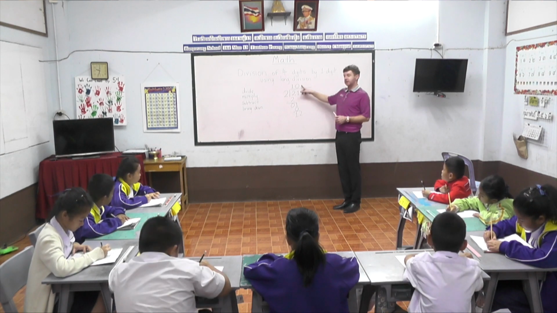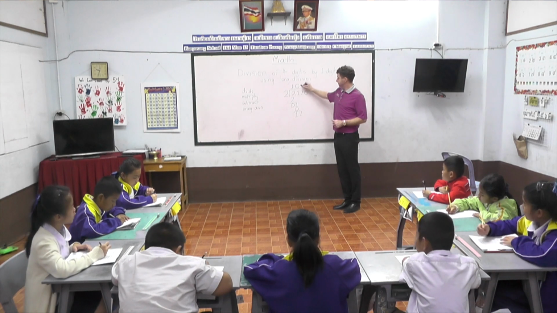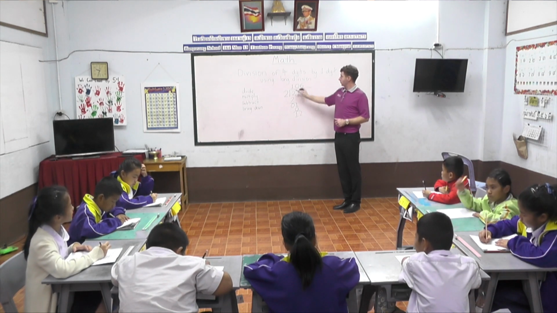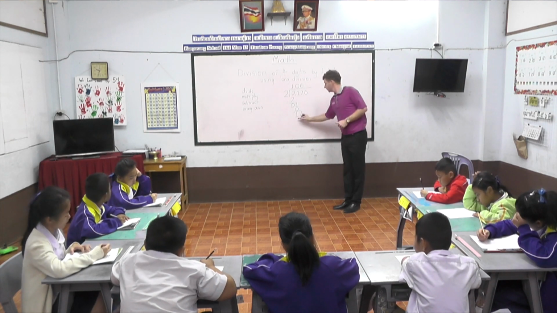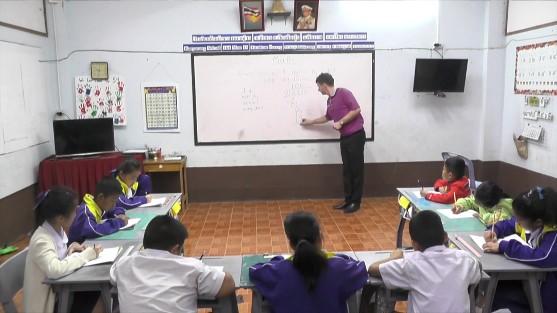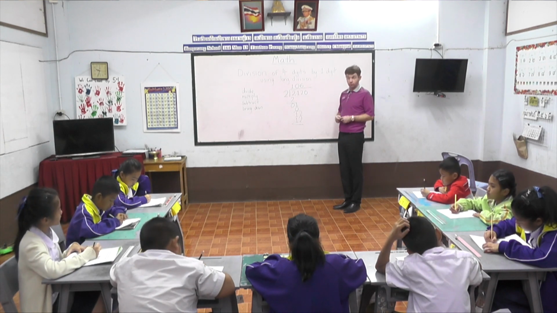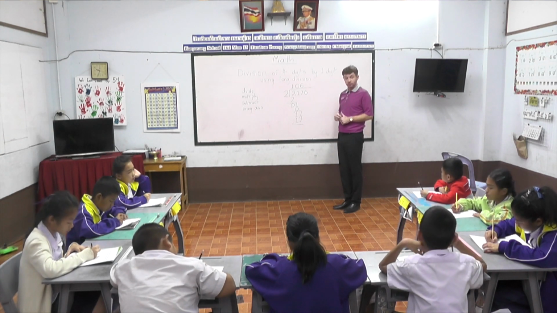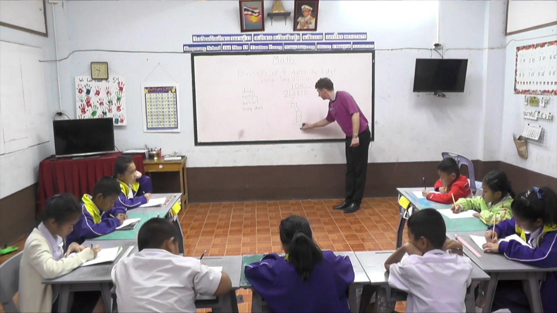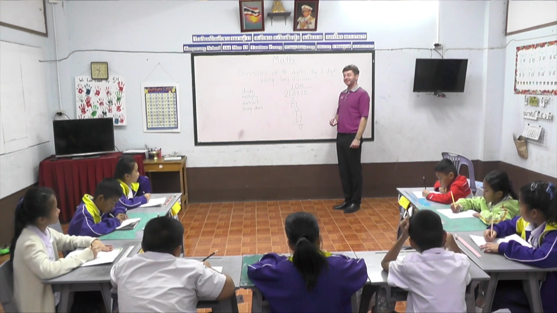So what do we write here? 6. 6 times 2 equals 12. 12 minus 12 equals 0. And what's our final digit?